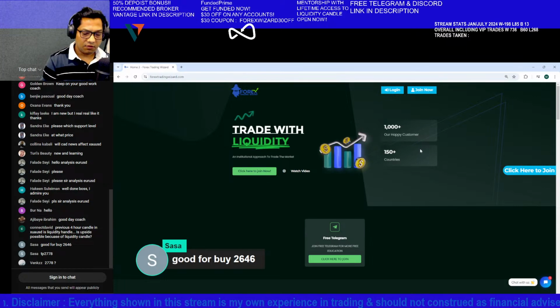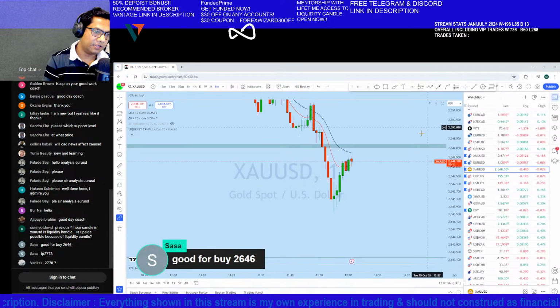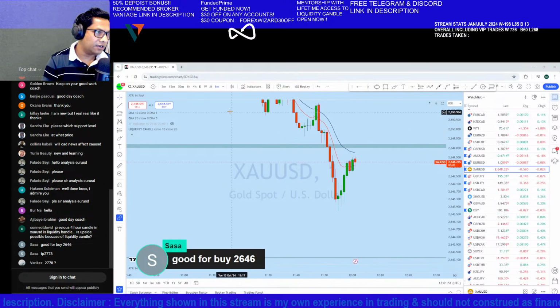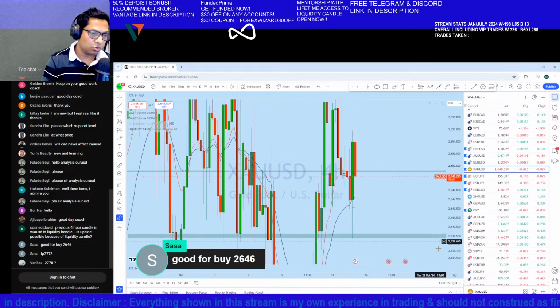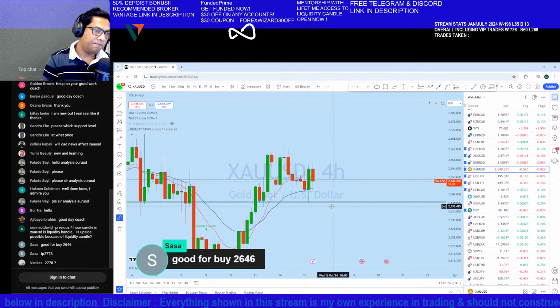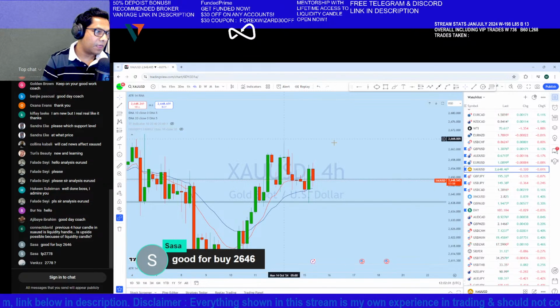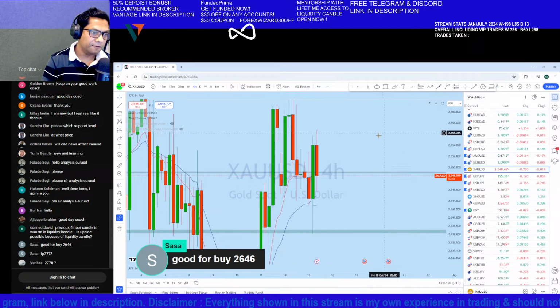It has integrated rules in it, and that's why if we look at the 4-hour here, this one is not a liquidity candle because some of the rules it didn't satisfy, and that's why you see that it's not moving.